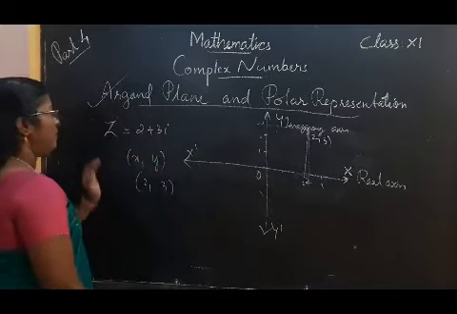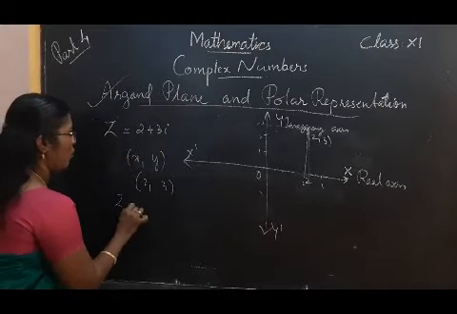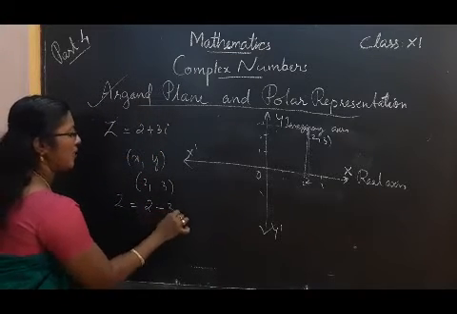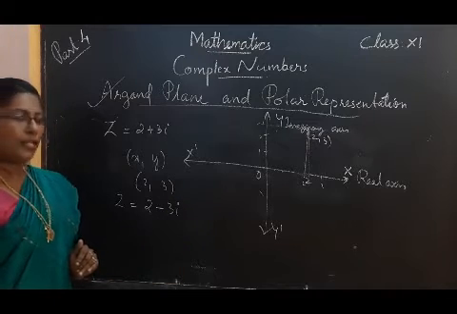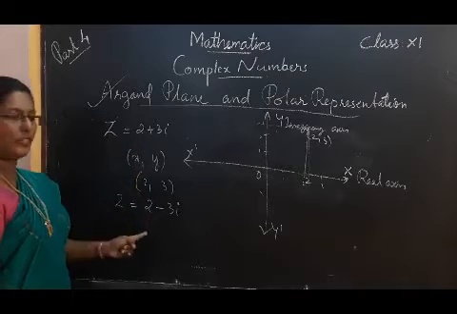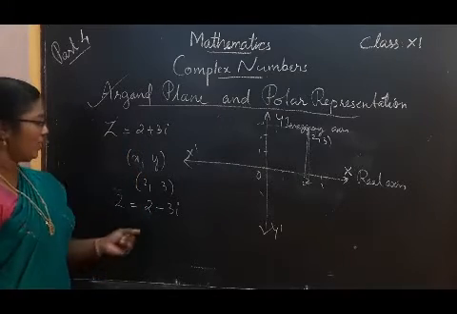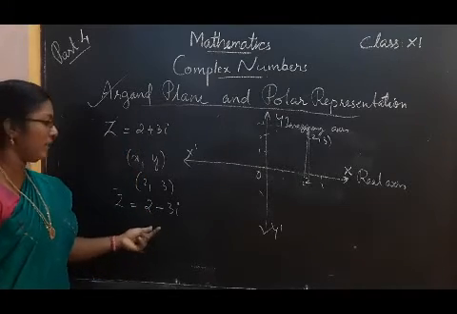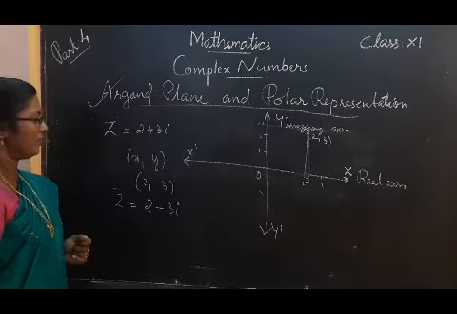Then one more complex number, z equals 2 minus 3i. This is the conjugate of z, or z bar. How to plot this 2 minus 3i?